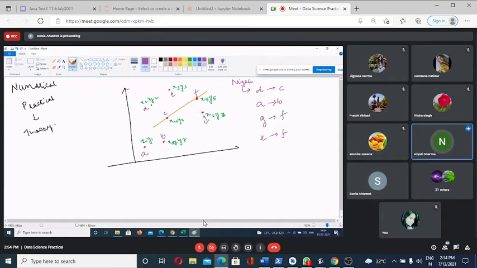First I took one point, this is C, and then I compared its distance with other points. Exactly. Okay. Who said A is closer to B? Niyati. Again Niyati. Okay.